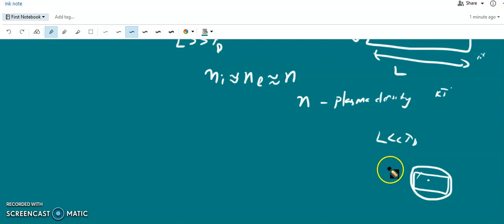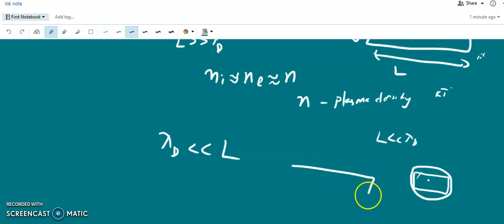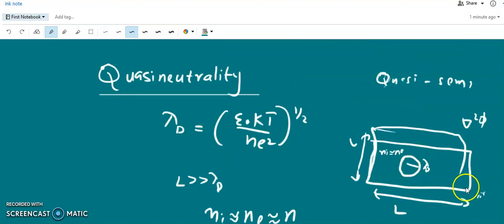So a criterion for an ionized gas to be a plasma is that it should be dense enough so that lambda d is much smaller than L. Lambda d should decrease and the dimension should be larger. If the potential is shielded within a small distance, it is a good plasma. So lambda d should be smaller and the dimension larger. For lambda d to be smaller, the number density should be high.